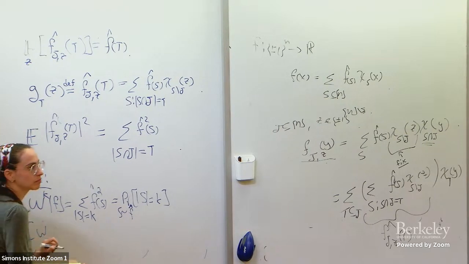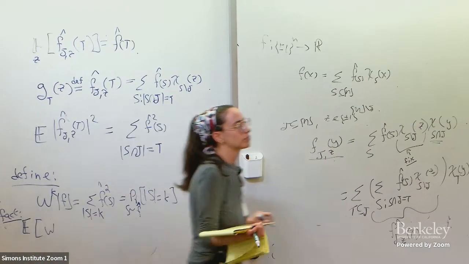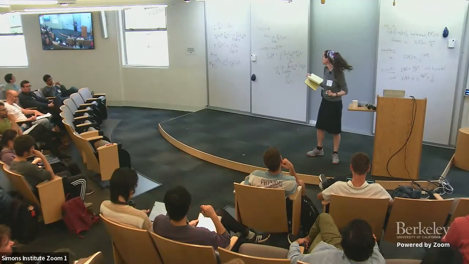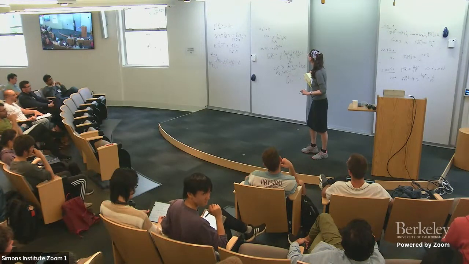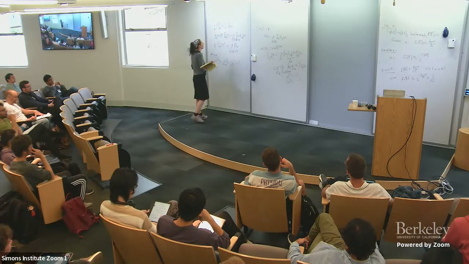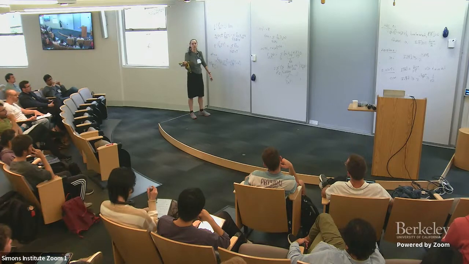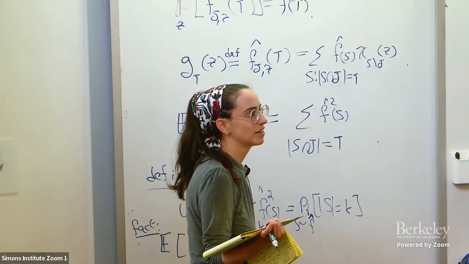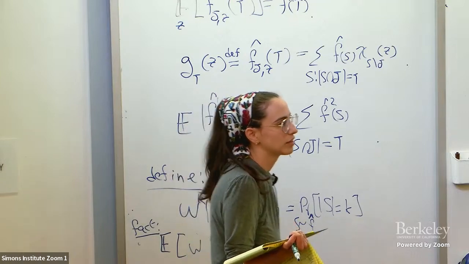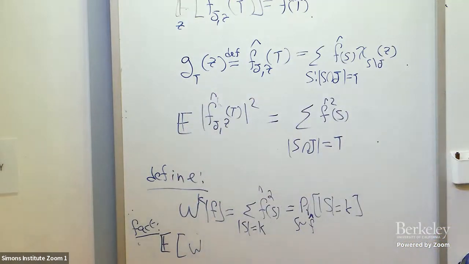Can I ask a question? You wrote F sub S comma Z. You put Z on the coordinates indexed by J. Z is outside J, it's in J complement.